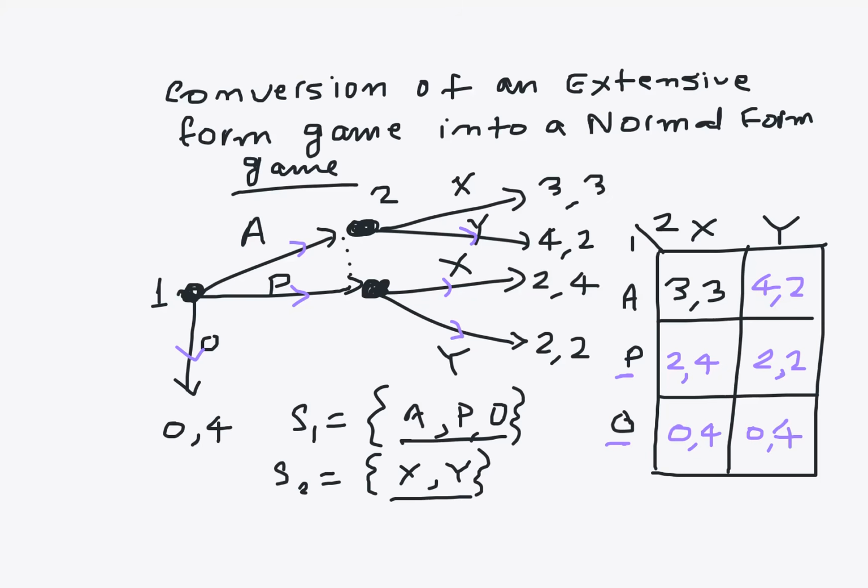Let's consider another extensive form game, just to make sure that you understand this concept well. So here, there are 3 stages to the game. Player 1 moves at the initial node, and player 1 has 2 strategies: move down or move forward.